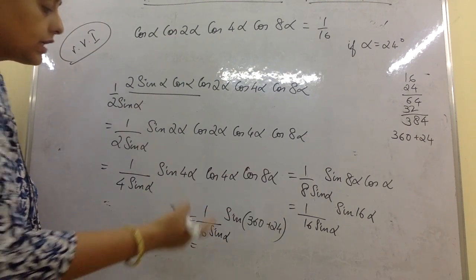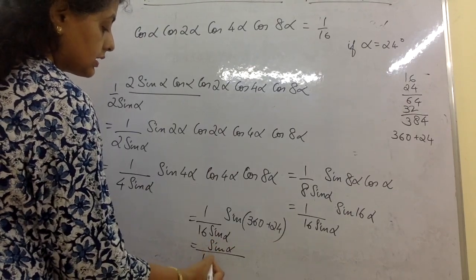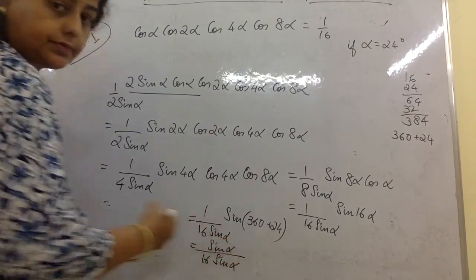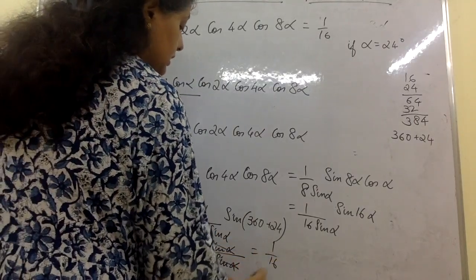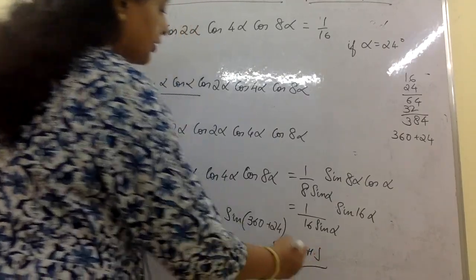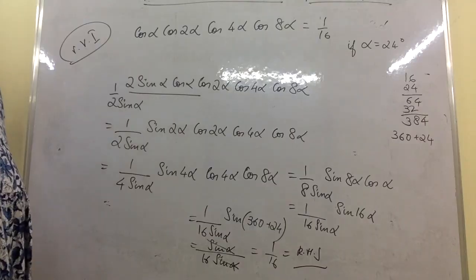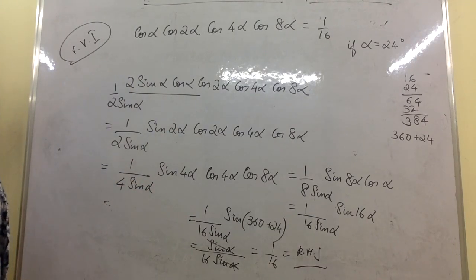So sine 24 means sine alpha. So sine alpha over 16 sine alpha, this will get cancelled, 1 by 16, that is equal to RHS. Very important question. You have to just use one formula and you get your answer.